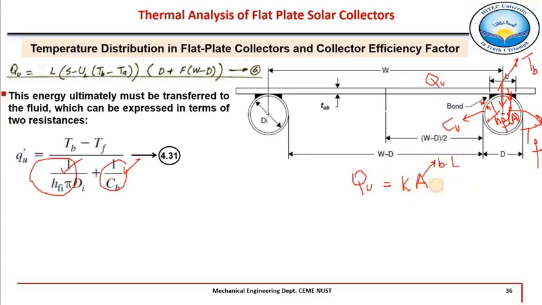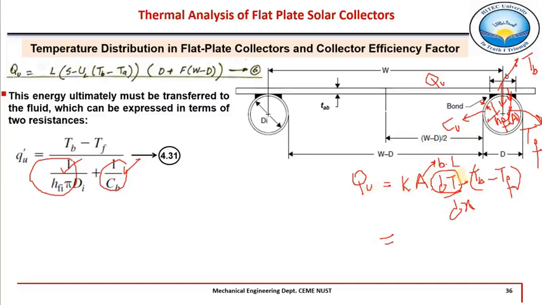welded bond, into dt by dx, where dt is actually the temperature difference, which is TB base temperature minus TF fluid temperature. Here the thermal resistance due to this pipe material is negligible or neglected, so that's why this temperature difference is actually TB minus TF.